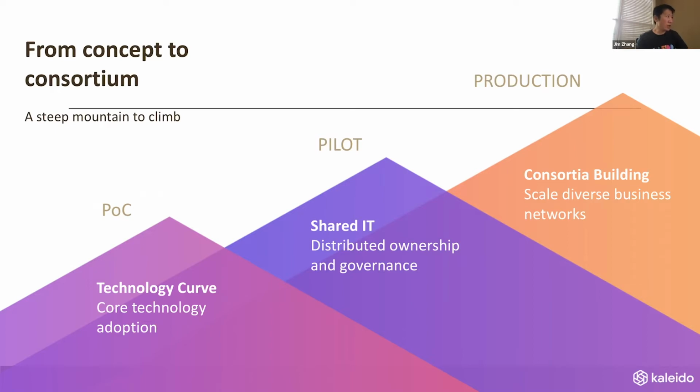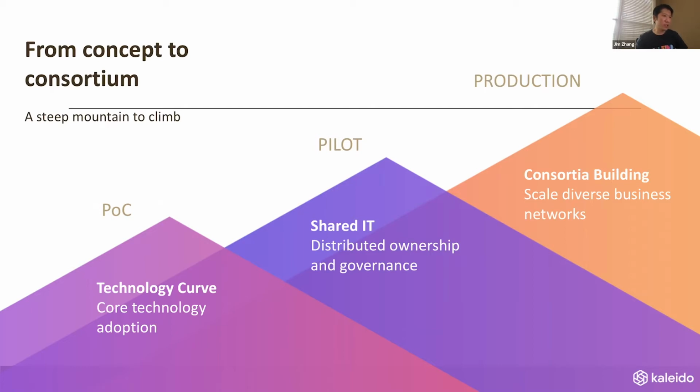So Kaleido is built to allow our customers to start very quickly to explore the technology, build a POC, and then take the next step of building a pilot project, onboard some members and try this out to see if their new business model works out as they expected.